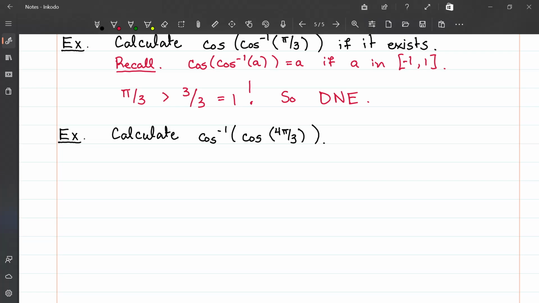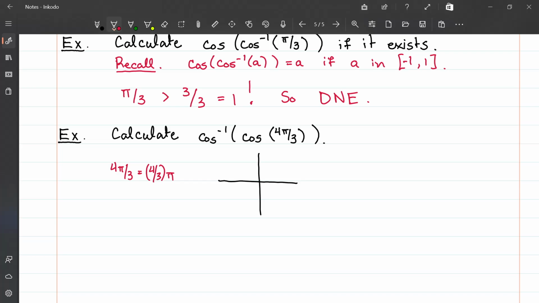The reason is that the equation you're thinking of, cosine inverse of cosine of an angle gives us the angle back, only works if the angle is in the range of arc cosine, which we know is 0 to pi. Is 4 pi over 3 in 0 to pi? Well, let's graph it really quickly.